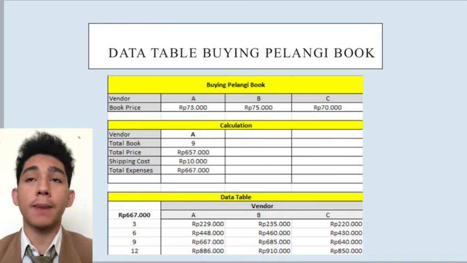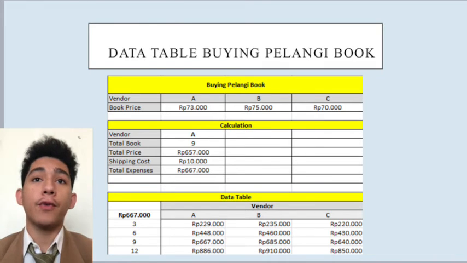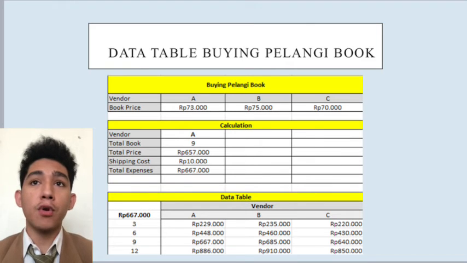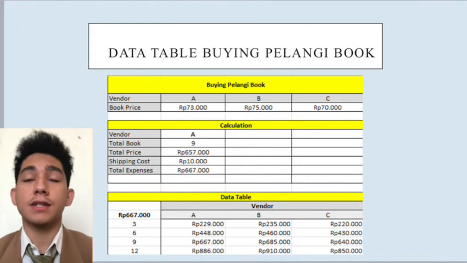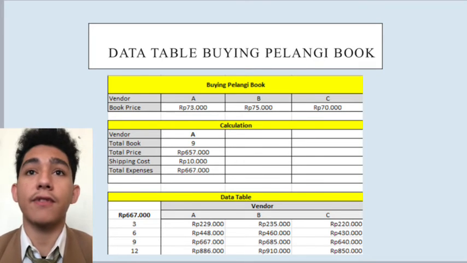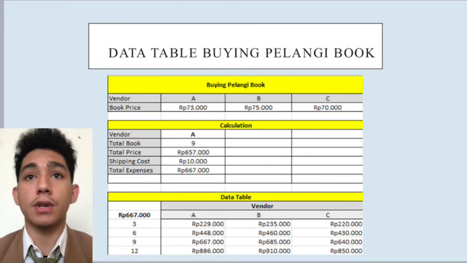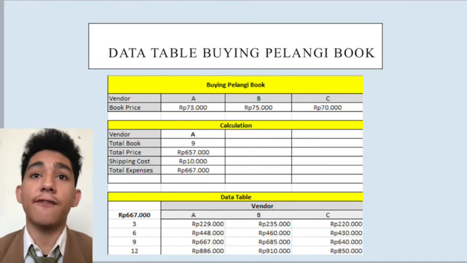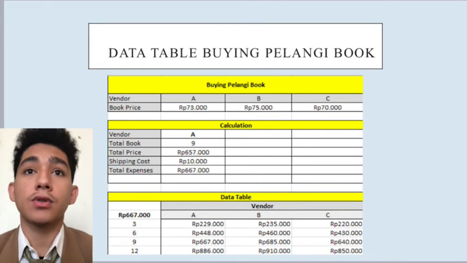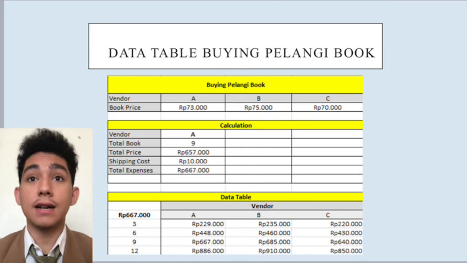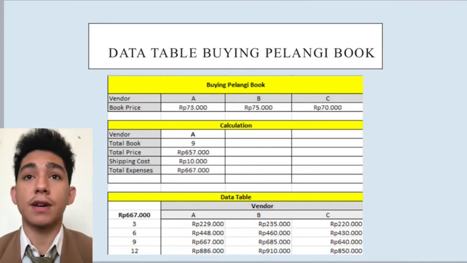Data table of buying the Pelangi book. If we use vendor A, the price of the Pelangi book is 73,000 rupiah. Vendor B 75,000 rupiah, and vendor C 70,000 rupiah. And the calculation is, if the total is 9 books, the total price of the books is 657,000 rupiah.